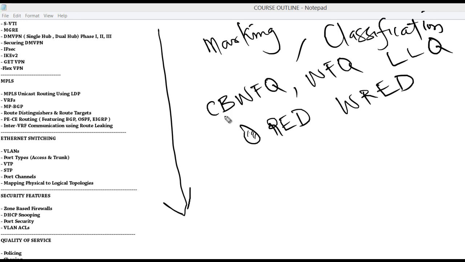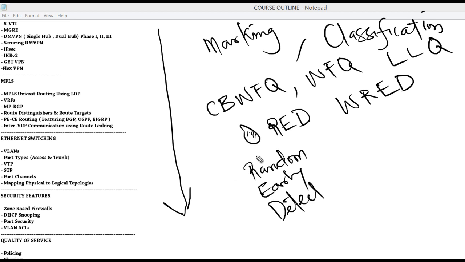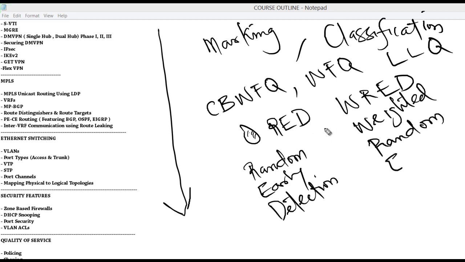This one is actually funny, but this is random early detection, and this is weighted random early detection.